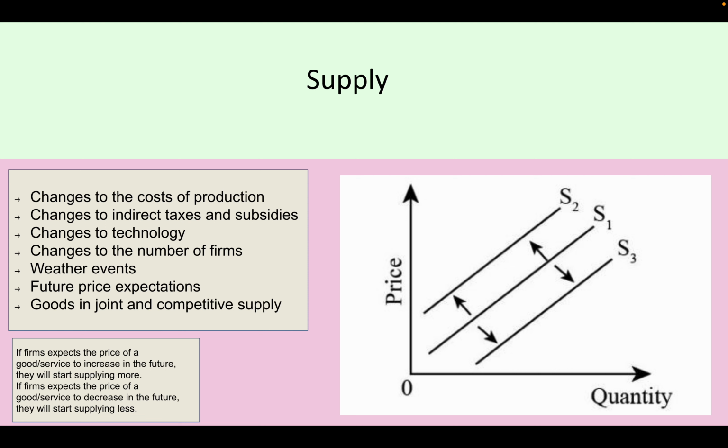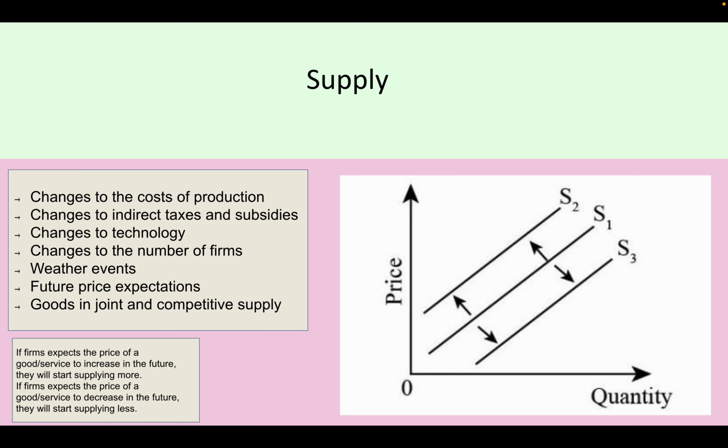For example, changes to technology would be, for instance, you're at S1. Your factory is at S1, right? But then you purchase a super cool robot AI machine that makes every product in 2 seconds. Then your supply curve would shift to the right, to S3, because that robot makes so many things.